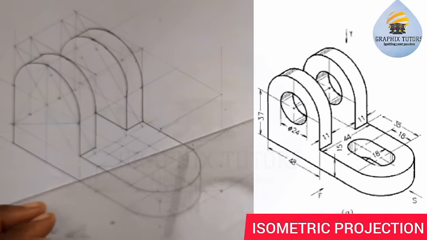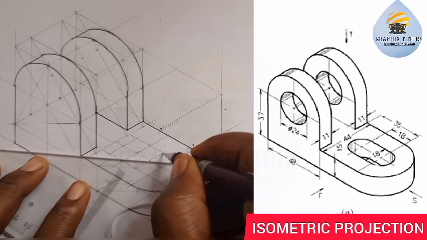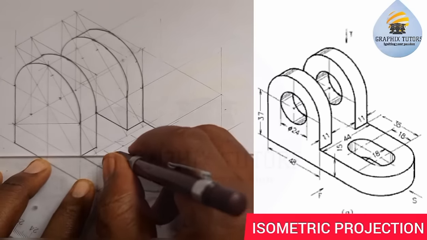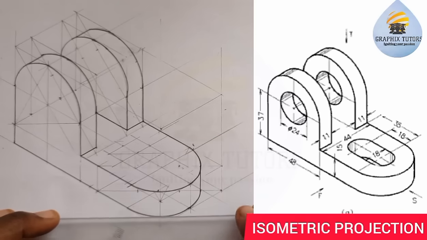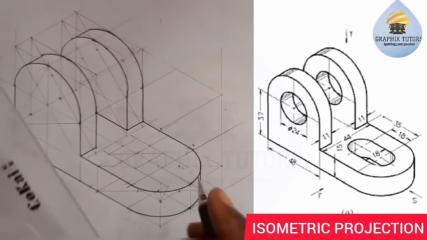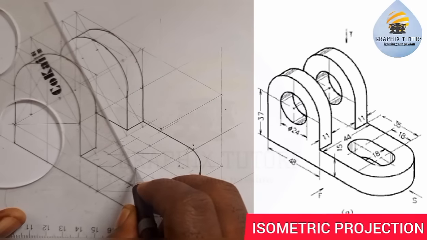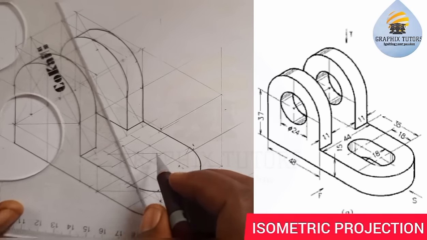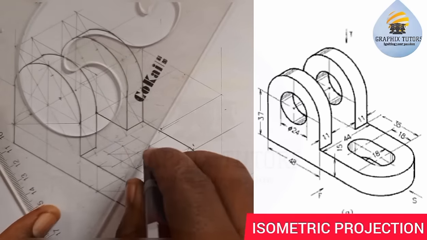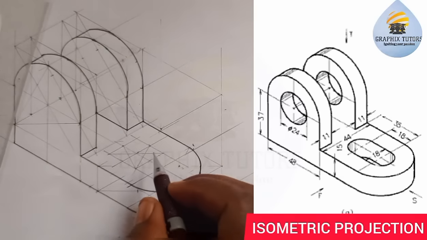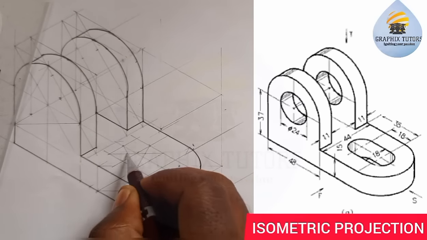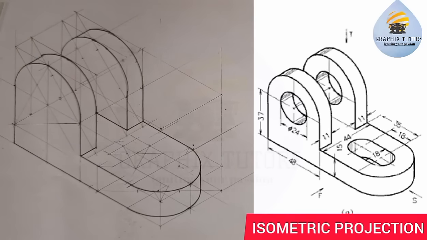So I'm going to join the diagonals together this way, right? And I'll join this end to this end here and this end to this end here. Where they meet, they're meeting at this point here. That is what I will use to get my circle there. So let's do that.